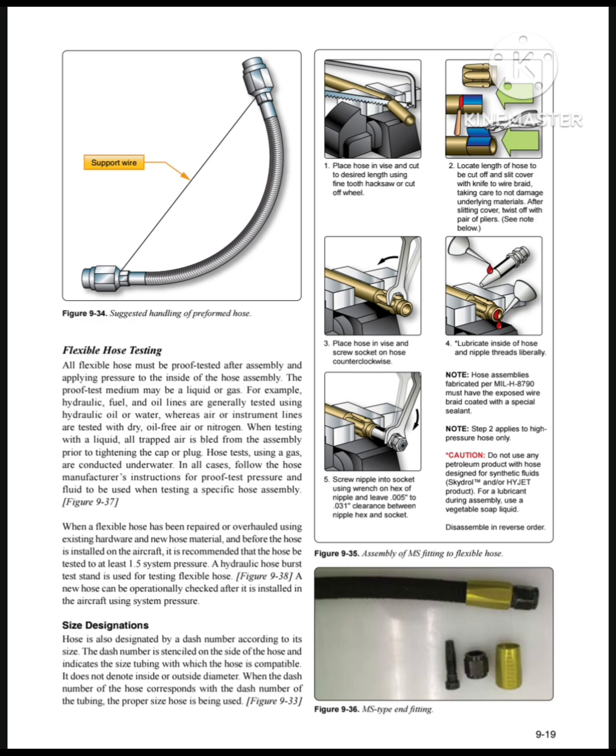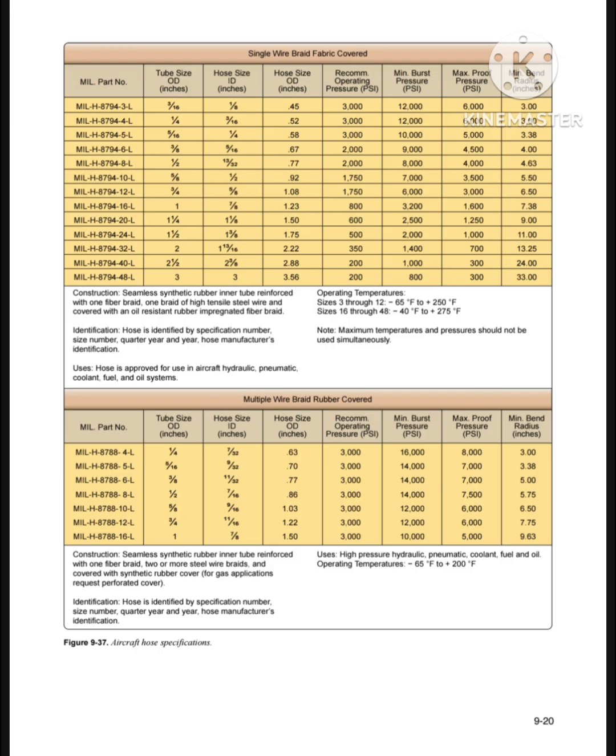All these things are shown in this page. And in 920, we can see the specification number, like a single wire braid fabric covered. MIL part number MIL-H-8794 is just a specification number.